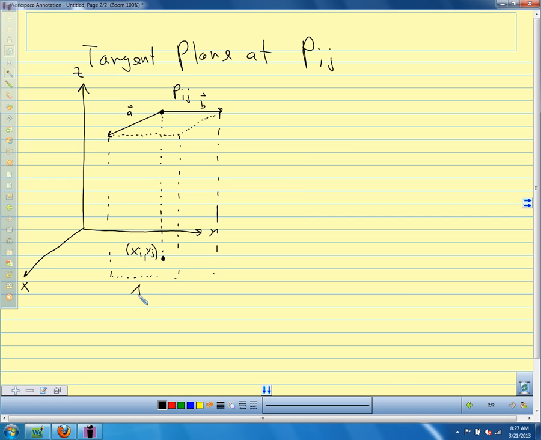So this is going to be delta y sub j, and this side would be delta x sub i. So we just magnify this little piece of the tangent plane.